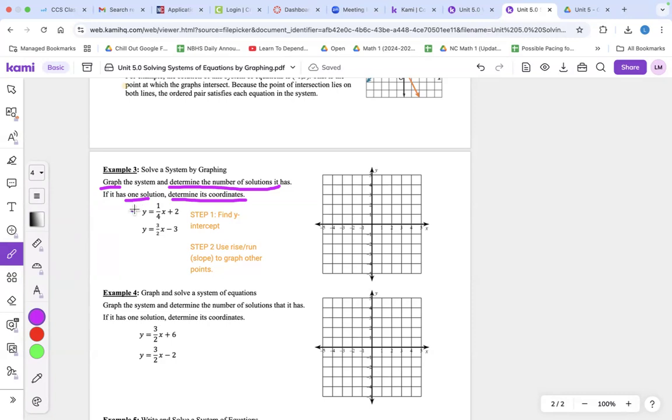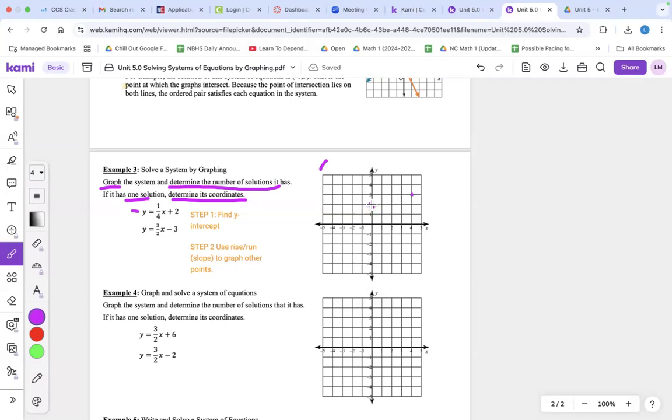And that one's going to be my purple one. So we found 2. Now, it says rise over run, slope to graph other points. So it looks like it's a positive slope. So we know we're going to be going up when we finish. So we have up 1 over 4. 1, 2, 3, 4. Mark it.